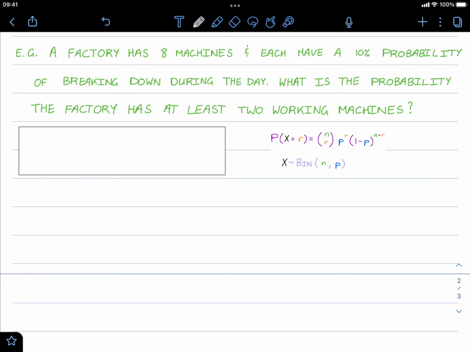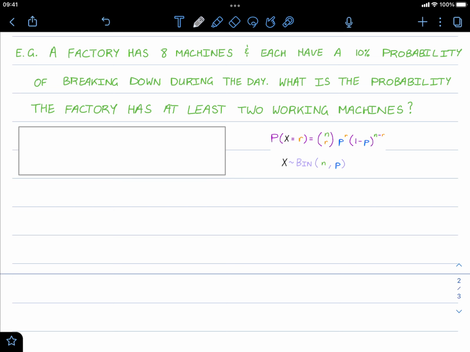A factory has 8 machines and each has a 10% probability of breaking down during the day. What is the probability the factory has at least 2 working machines in one day?